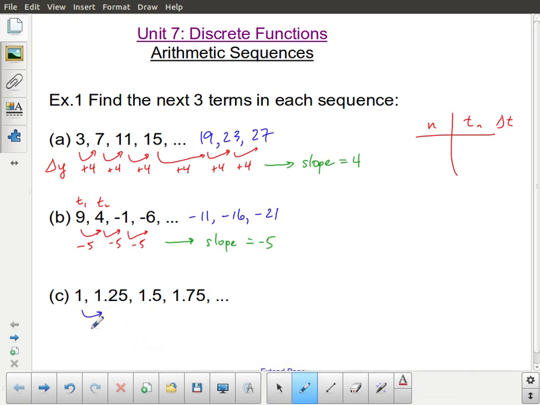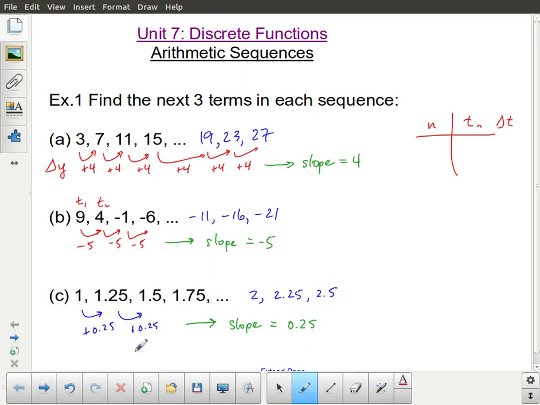Each step, it looks like I'm adding 0.25, and plus 0.25, etc. So my next term is going to be 2, then 2.25, and 2.5. Those would be my next three terms. And of course, here, this tells me that I have a slope equal to positive 0.25.